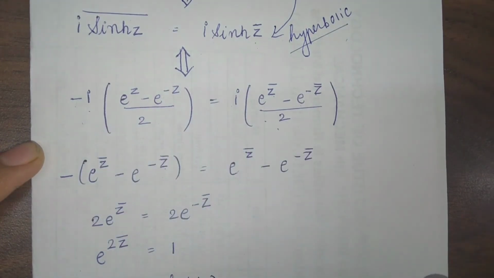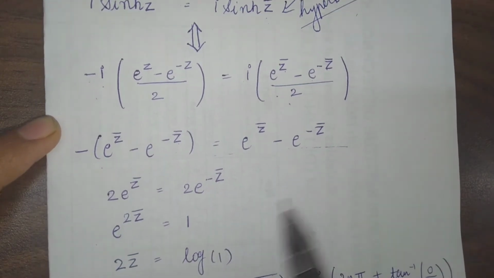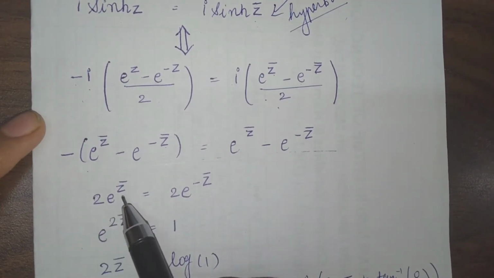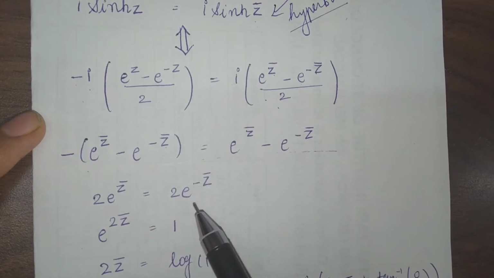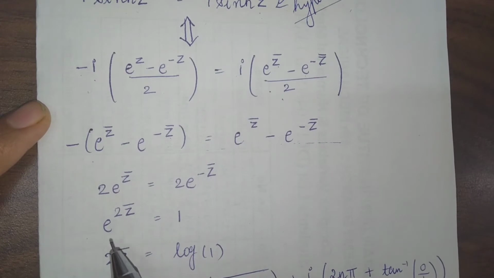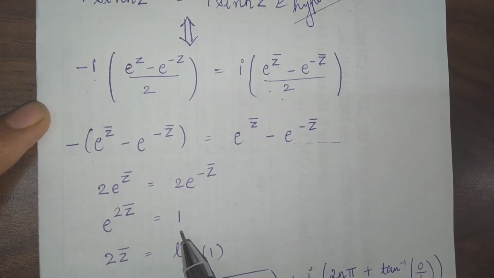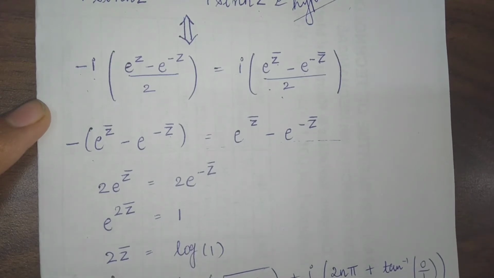Again this 2 and 2 will get cancelled, so we will get this form. Okay, so we can rewrite it as 2e raised to z conjugate is equal to 2e raised to minus z conjugate. So we can write it as e raised to 2z conjugate equal to 1. Okay, so we will get 2z conjugate is equal to log 1.